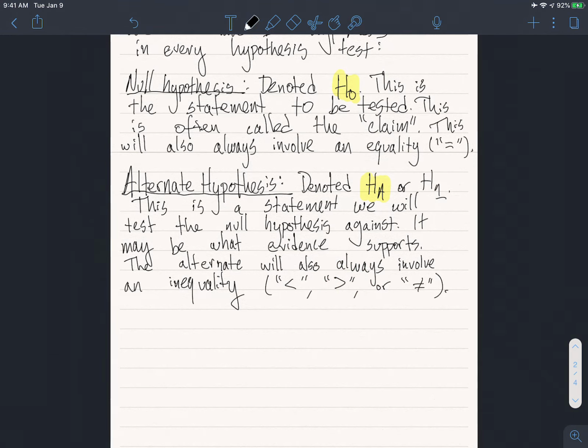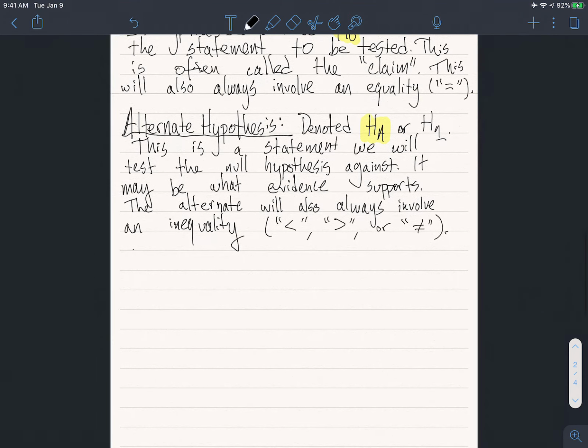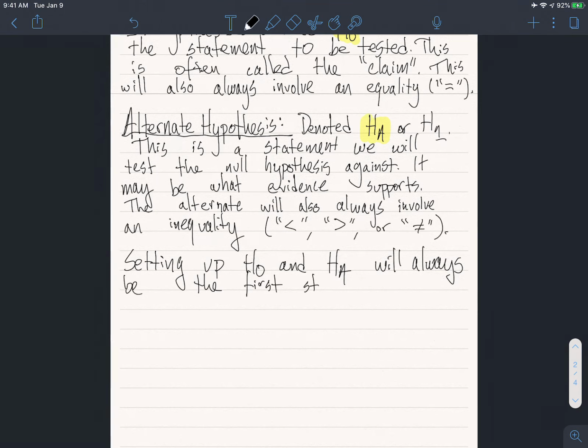So let's do a quick example of setting these up, because setting up H0 and HA, or H1 if you prefer that notation, will always be the first step in any hypothesis test.